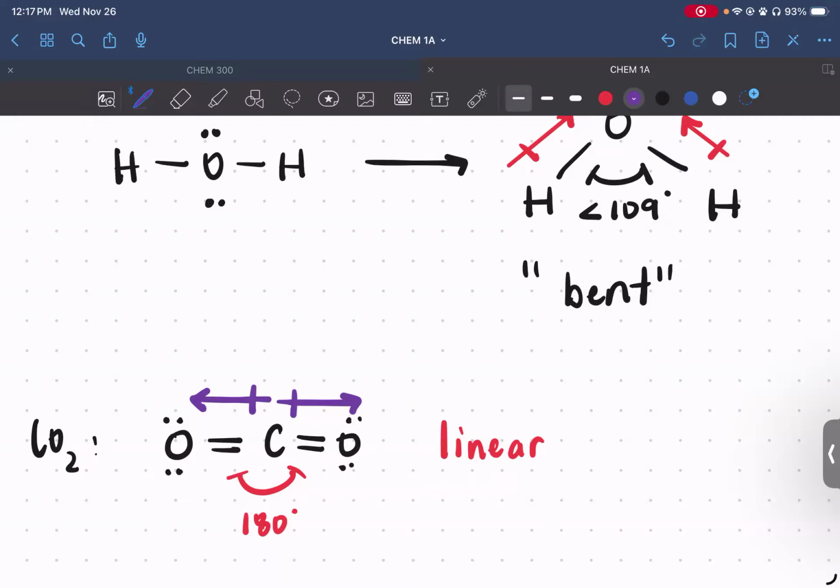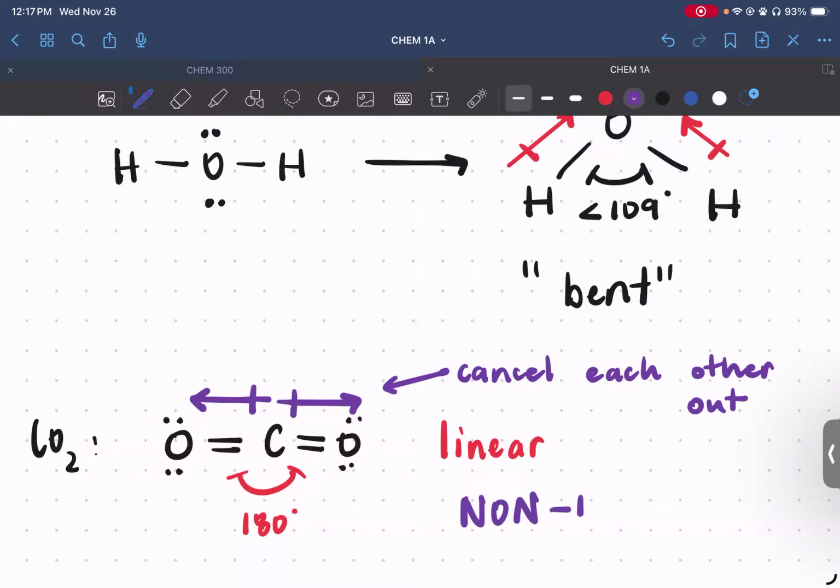The molecule is linear as predicted by VSEPR geometry, so they are absolutely pulling in opposite directions. This is actually a case where the polar moments cancel each other out. This molecule, due to its linearity, is described as non-polar.